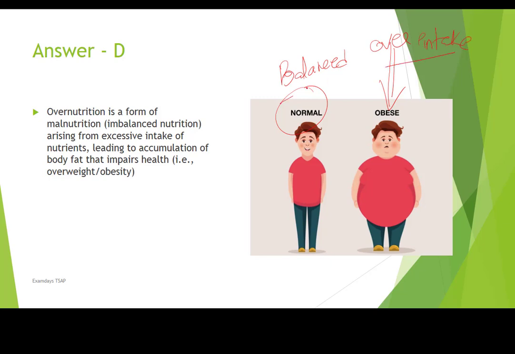So you have to understand which part you are in. Overnutrition is a form of malnutrition, imbalanced nutrition. Very dangerous health issues can be caused in this position. The explanation given is that it leads to the accumulation of body fat that impairs health, like being overweight, which is called obesity. This is the obesity part.